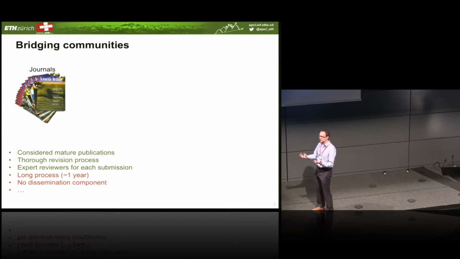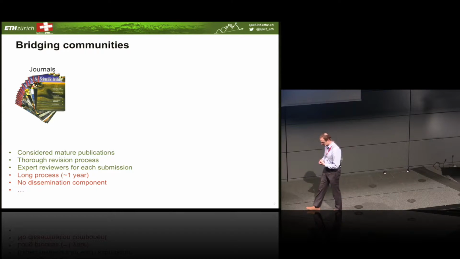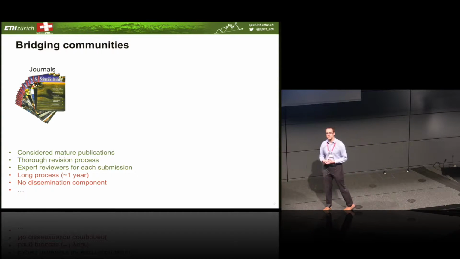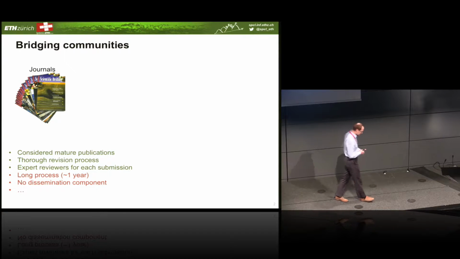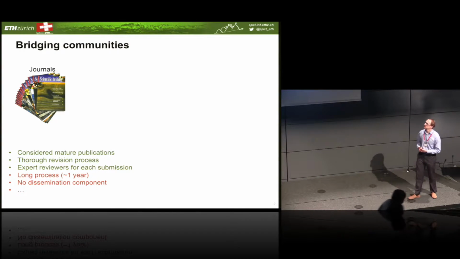So journals are typically considered to contain very mature publications with a thorough review process, and usually expert reviews specialized to the particular paper submissions. However, the downside here is that it could be a rather long process, and really a journal doesn't have a dissemination component. Of course, you could have conferences that act as this dissemination component, but this is not necessarily as organized as in other fields.